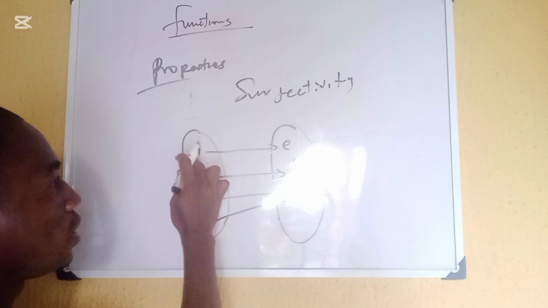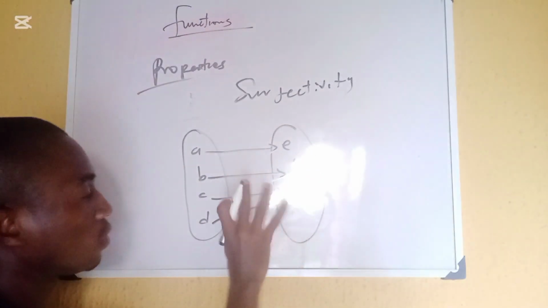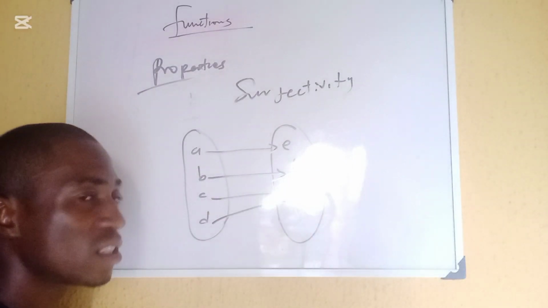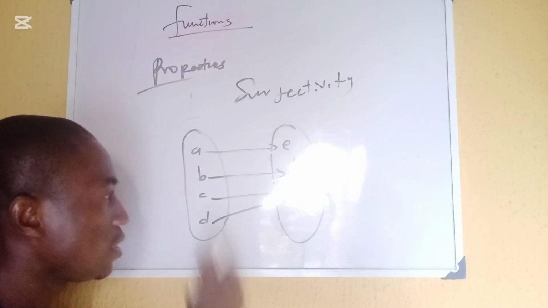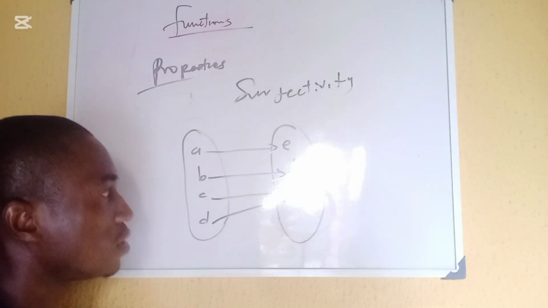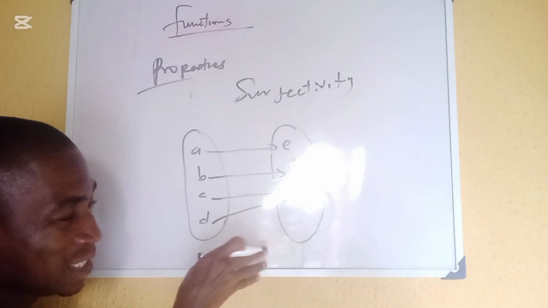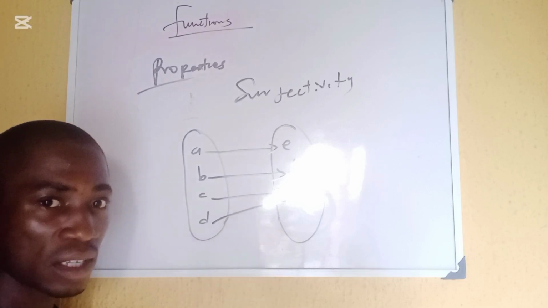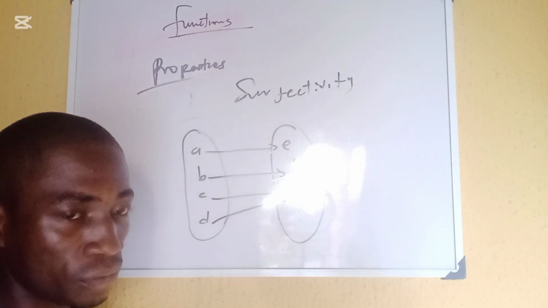So you can see A is assigned to E, B is assigned to F. Then we have C and D assigned to G. So in this case, the function that describes this relationship is said to be surjective.